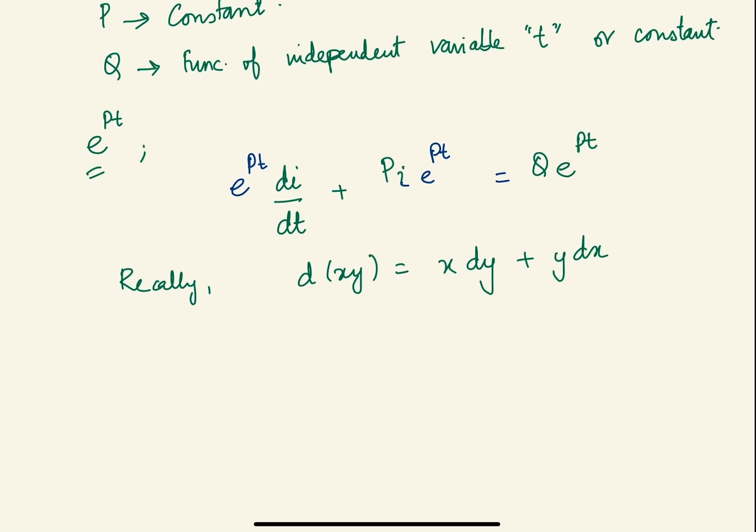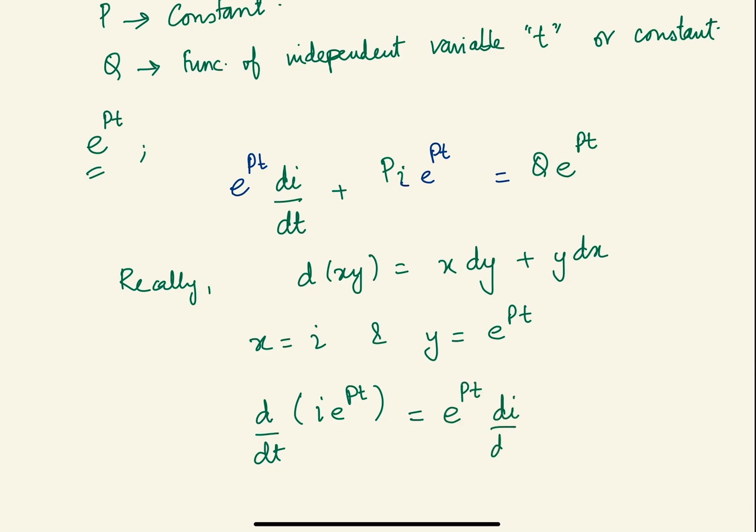If x is the current i and y is e to the power pt, then d by dt of i e to the power pt is equal to e to the power pt di by dt plus p times i e to the power pt.